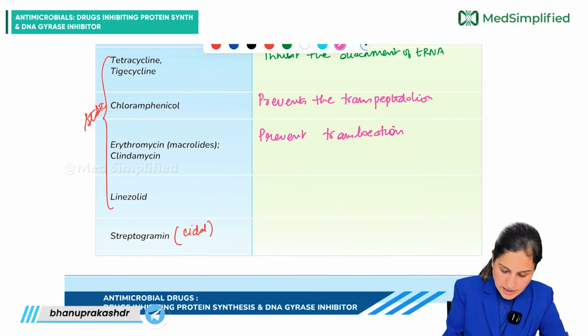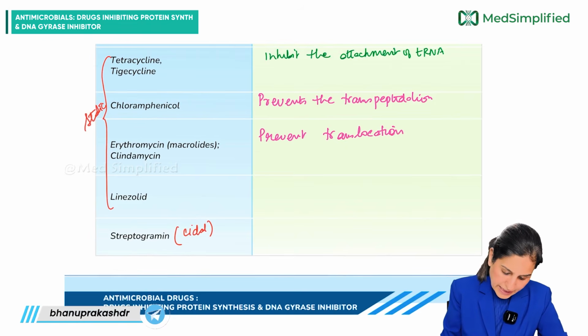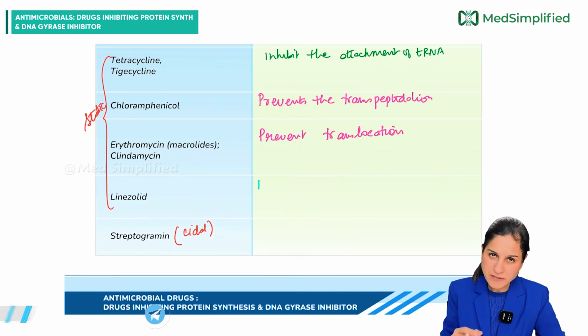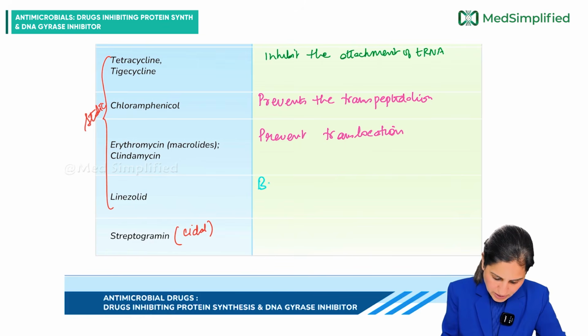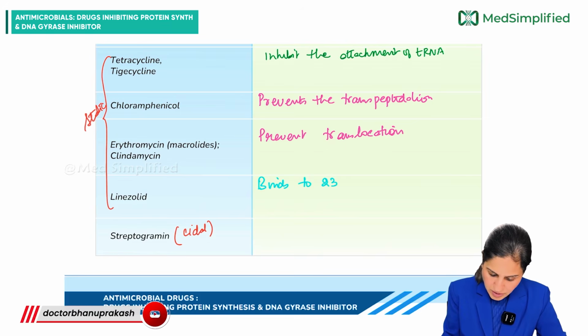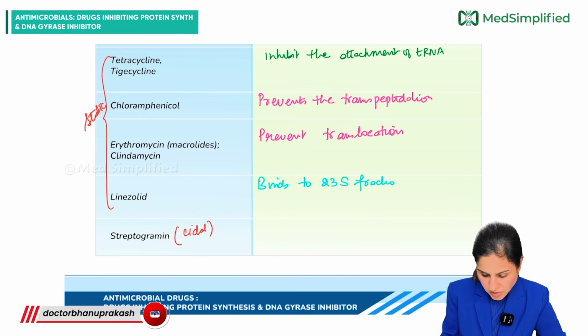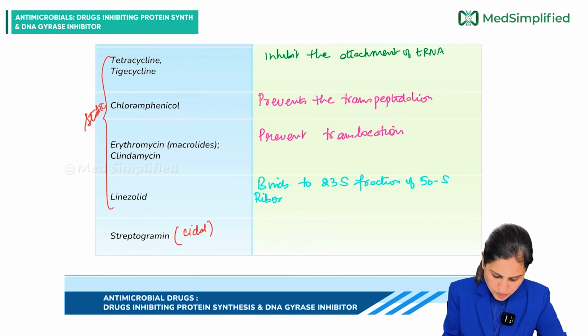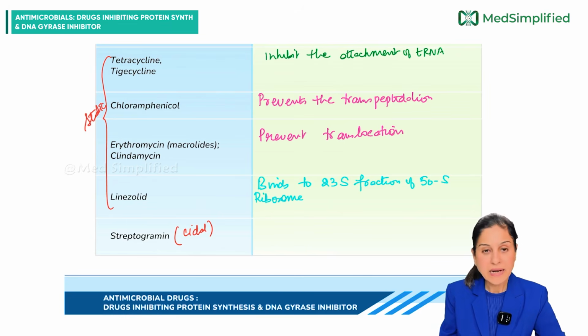Linezolid. Remember, it has a very peculiar binding site as compared to the others. It binds to the 23S fraction of the 50S ribosome, right?